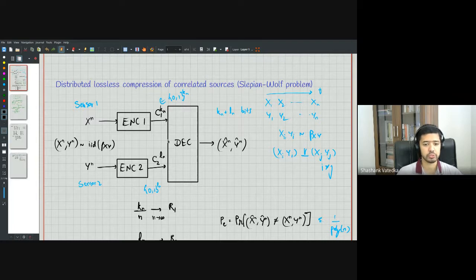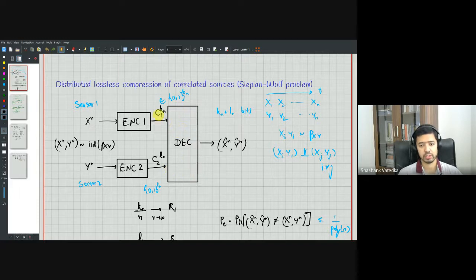So we assume that xi and yi are jointly distributed according to some PMF pxy, which is known to both the first user and the second user. And the goal is to compress these files separately. So you have separate compressors for each of these two files, but you can do decompression jointly.